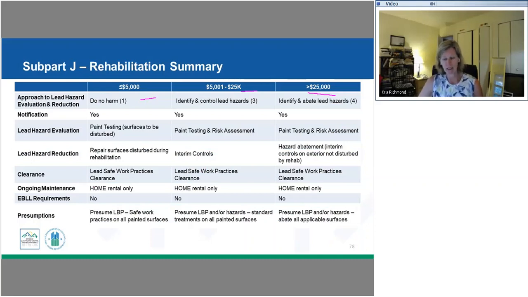And then we're going to go into a lot more detail about different paint testing, as well as the hazard reduction and the clearance. We'll be going through all these things. If for some reason you missed last week, over here, this is elevated blood levels, that's what EBLL stands for. Subpart J does not trigger elevated blood level requirements, so you see a no going across that. If you were working with tenant-based rental assistance in Subpart M, then you would see a yes there. But for Subpart J, EBLL requirements do not apply.